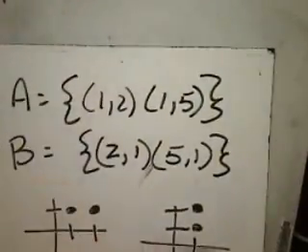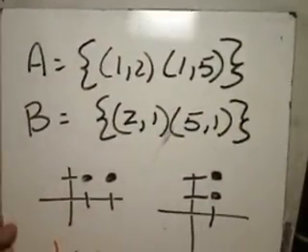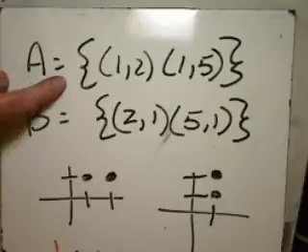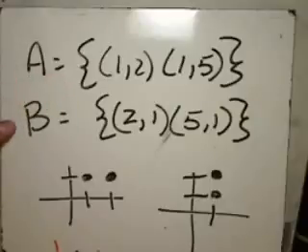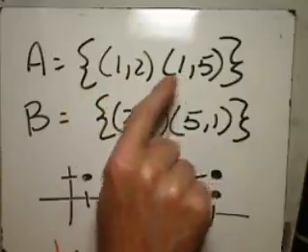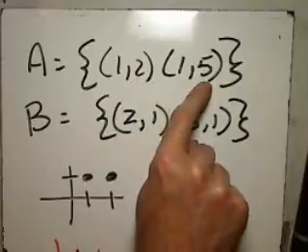Let's take a look at that in another way. Here we have a relation which is a set of ordered pairs, A, and relation B. Now, one of these is a function and one of them is not. Can you tell the difference? Here the domain values are 1, 1, and here the range values are 2 and 5.